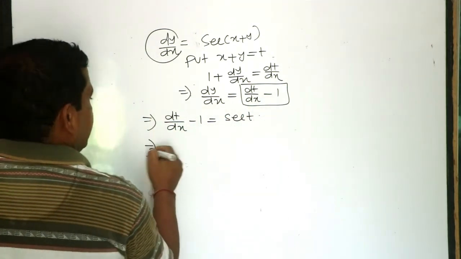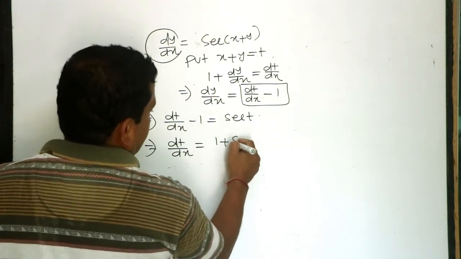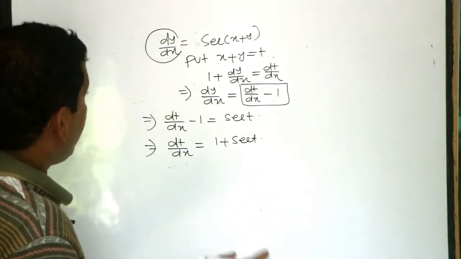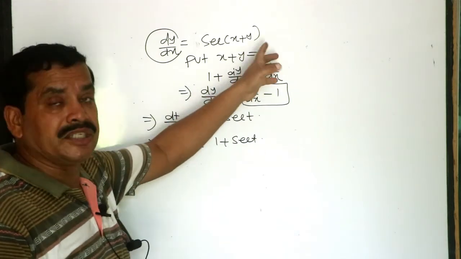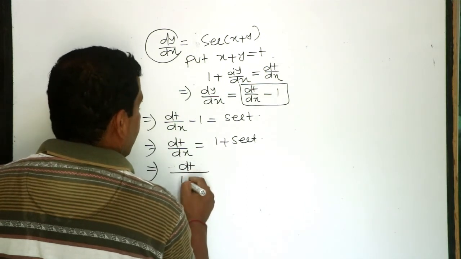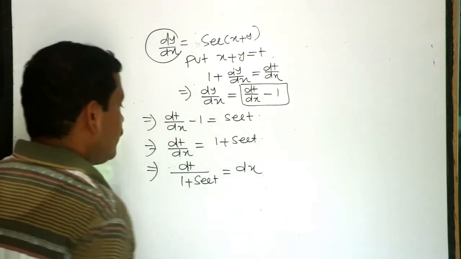Then dt/dx = 1 + sec t. Now we can separate this easily: dt/(1 + sec t) = dx.